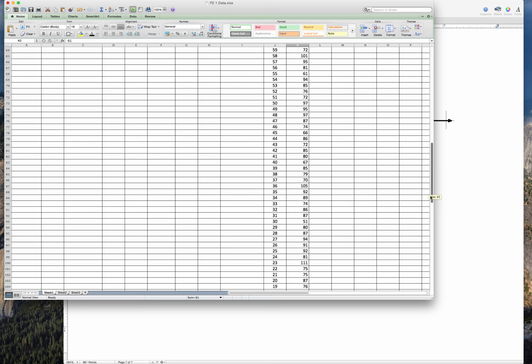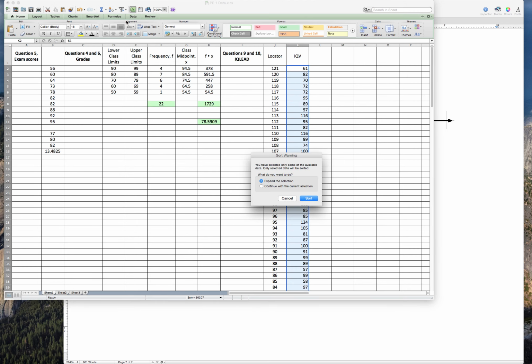I go down to the last cell in the array, and I hold Shift and click that last cell. It selects all my data values. I click sort. I want the largest to the smallest, and I want to continue with the current selection.